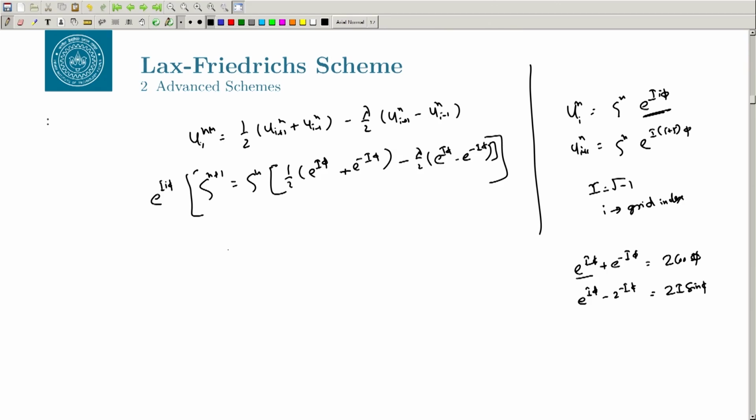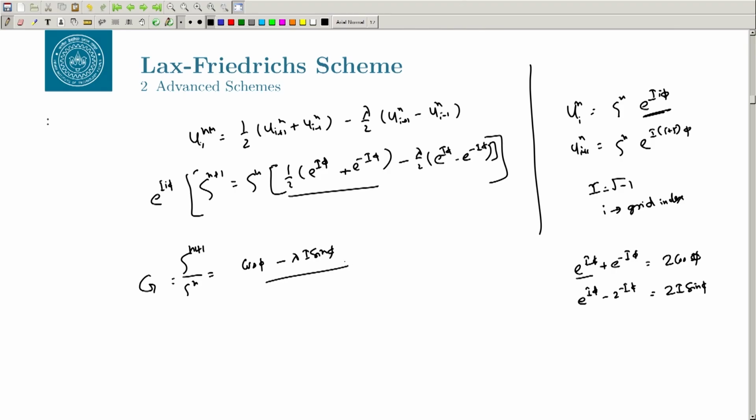Use this value and take g to the power n plus 1 by g to the power n, and call this G, the amplification factor. So, this will become cos phi minus lambda I sin phi. So, how will it look?